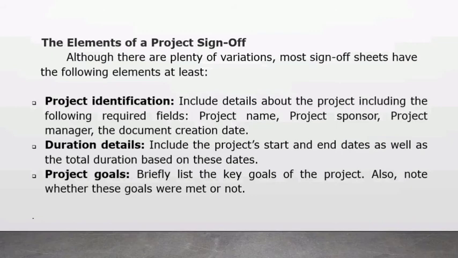Second, duration details, which include the project's start and end dates, as well as the total duration based on these dates. So, dito mo makikita yung kabuuan ng mga dates na kung kailan mo sinimulan and tatapos yung mga activity na yun.